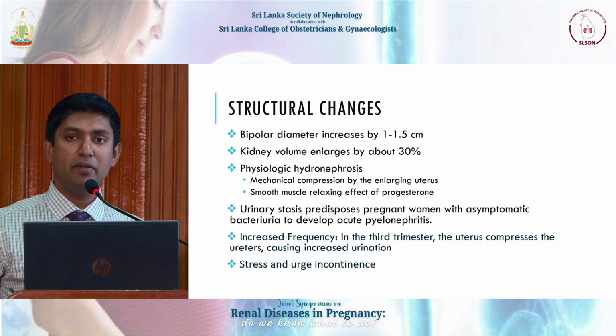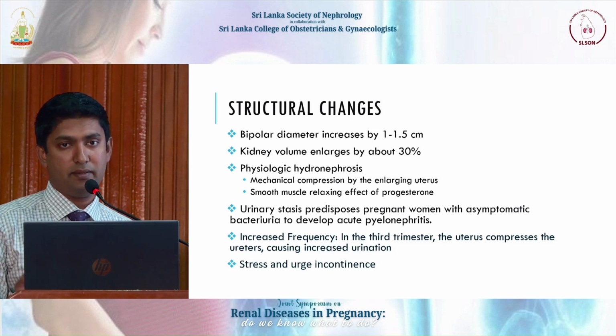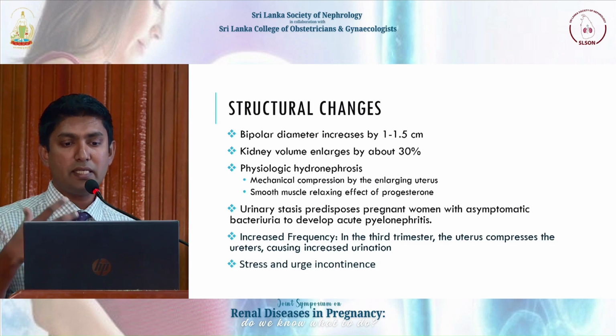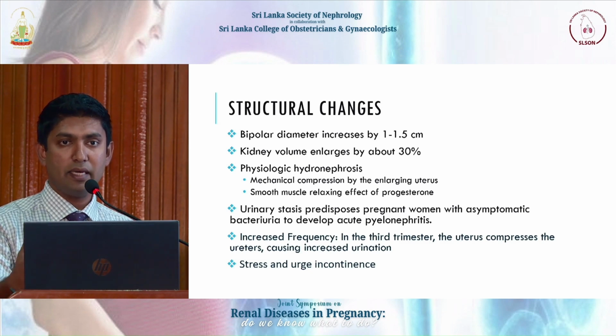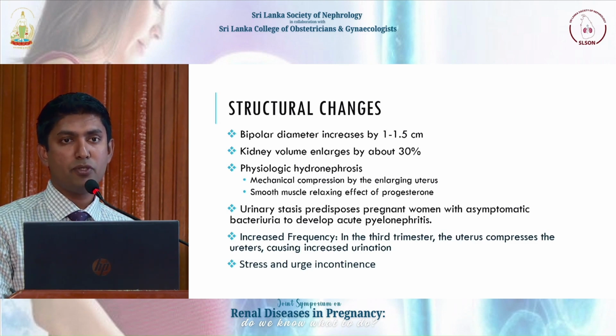When we get the ultrasound report of a pregnant mother, most of the time it says mild hydroureter and hydronephrosis. This is because of the mechanical increase in size from the increased blood flow, as well as some obstruction of the ureter by the gravid uterus. There will be some pressure developing in the ureters, and also a smooth muscle relaxation effect because of progesterone.